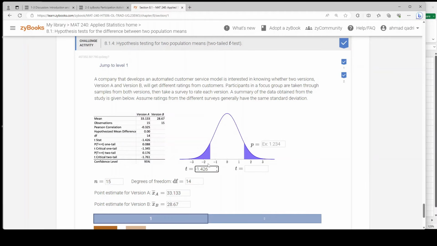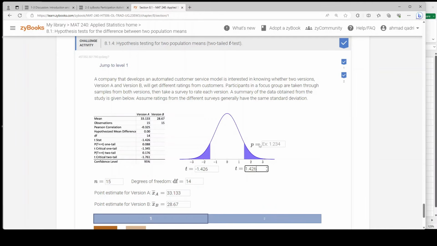So that would be the negative side, the left side. On the right side, the t distribution is symmetric around the value 0. So the positive test statistic here will just be the mirror image of the negative, so it would be plus 1.426.